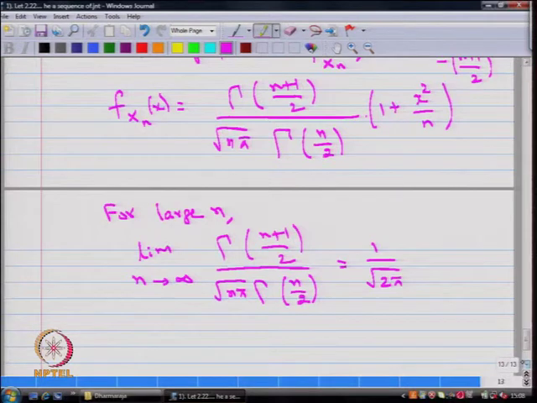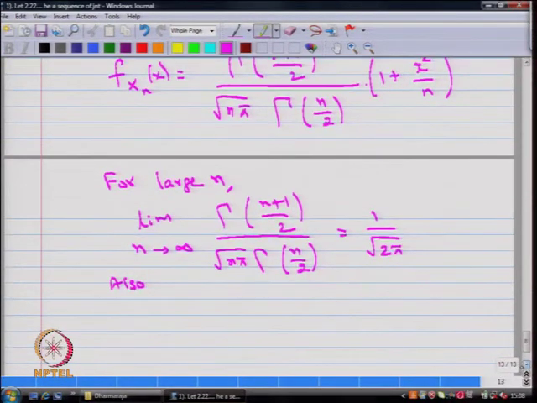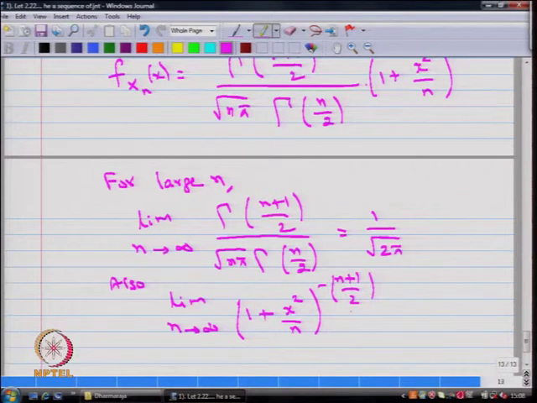And also, limit n tends to infinity of (1 plus x squared by n) the whole power minus (n plus 1)/2, that we know is e power minus x squared by 2.